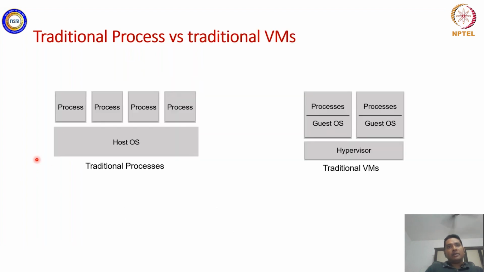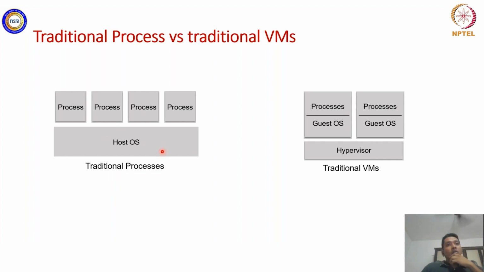Okay, so now we have seen the two extremes of virtualization. Basically, you have traditional processes. Let's say you have hardware, a host OS, and several processes running on top of that. These processes share the underlying resources, and complete multiplexing happens inside the OS to share the resources between these processes. They may be taking one or several threads, and all these things are controlled by the OS, which has access to the privileged instructions for the underlying hardware.